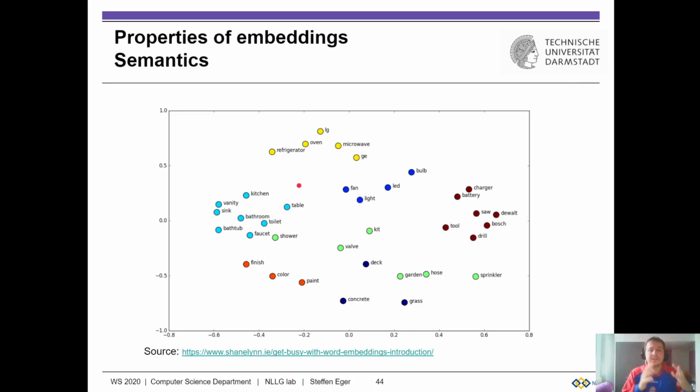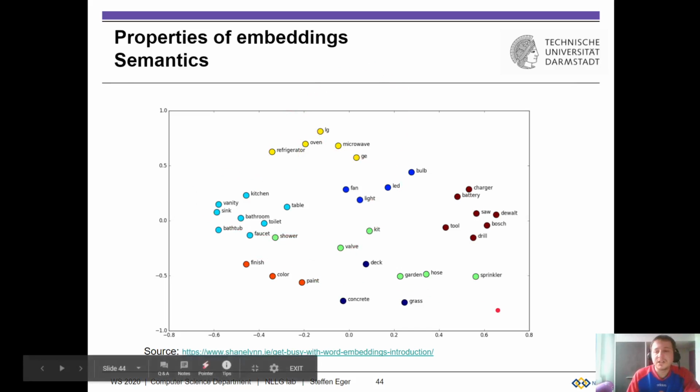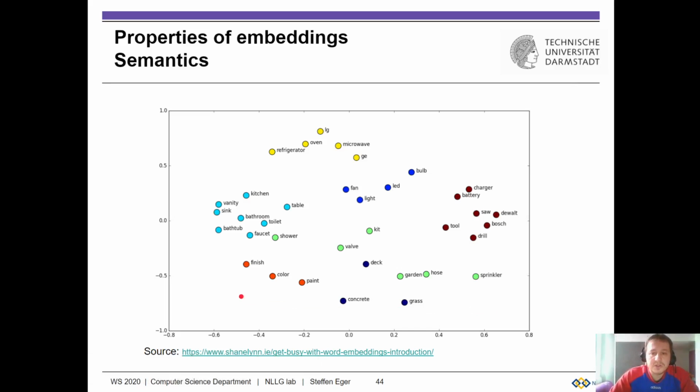And the first property, semantics, is what we're going to look at. We take all our English words, we get their vector representations, and this is usually a 300-dimensional vector representation. We cannot visualize a 300-dimensional vector representation, but there are techniques in mathematics that project those 300-dimensional vector representations down to a 2-dimensional representation, and in 2 dimensions we can actually visualize the objects.